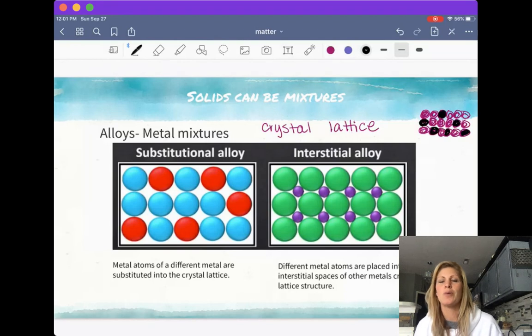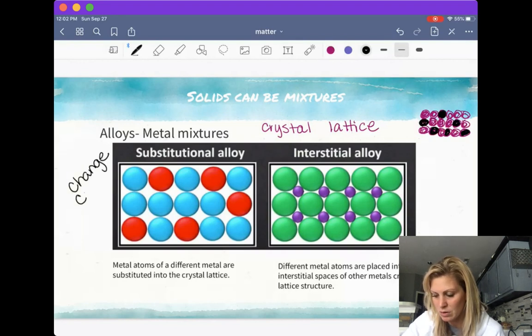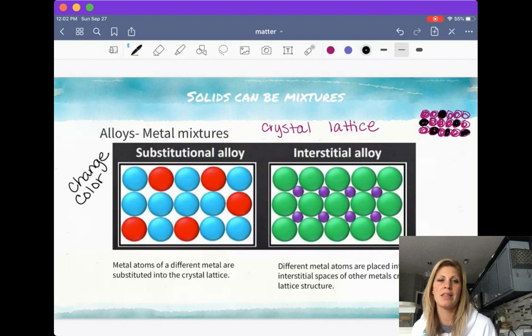So brass is a substitutional alloy where we take copper and we're going to substitute it with zinc. All right? Substitutional alloys are always going to change the color from the original metal. So, for example, if I tell you we're talking about copper, you automatically know in your head what color it should look like. Copper is going to be a very brownish red metal. All right, very commonly seen.